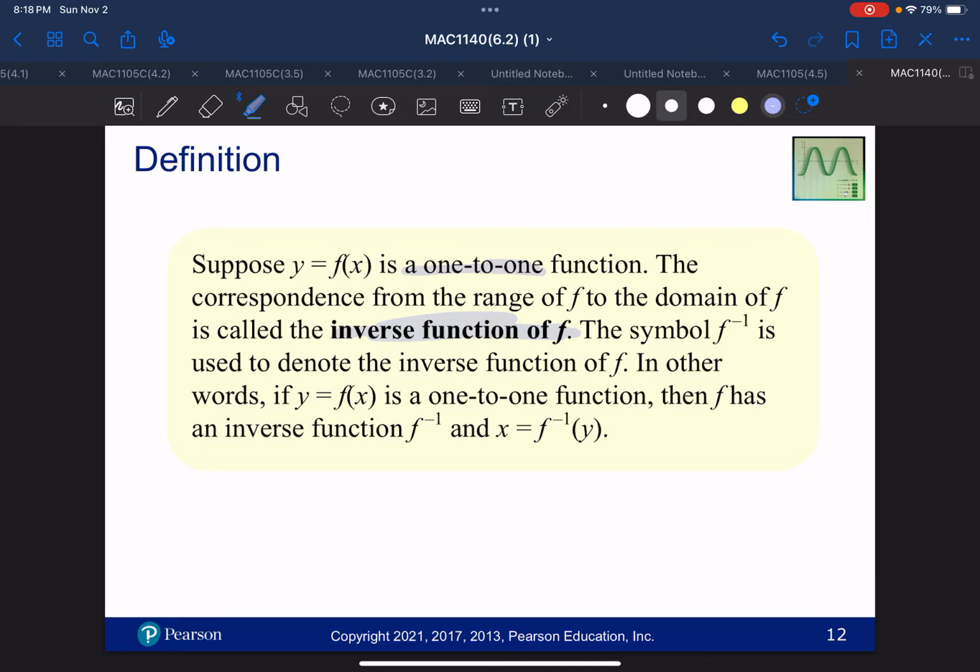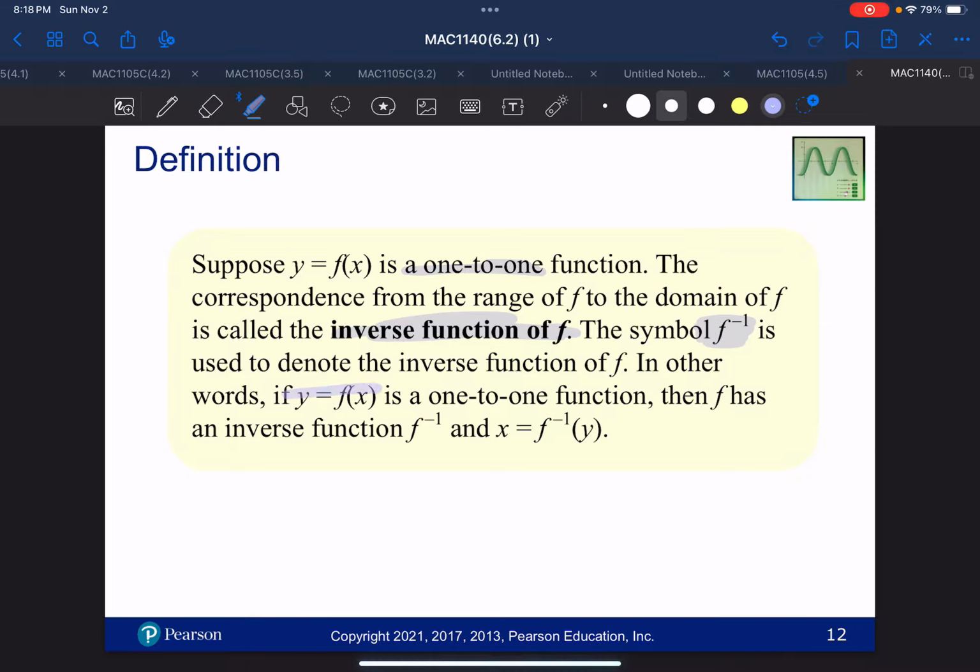So if we take the range from f of x and send it to the domain of f, then this creates the inverse function. And this symbol here is the symbol we use to denote the inverse function. It looks like f raised to the -1 power, but it just means that it is the inverse function of the original f of x.